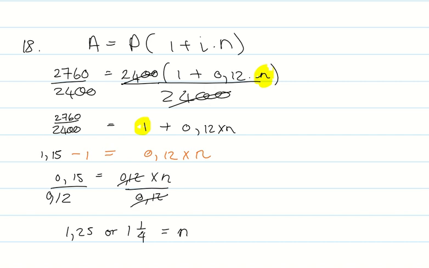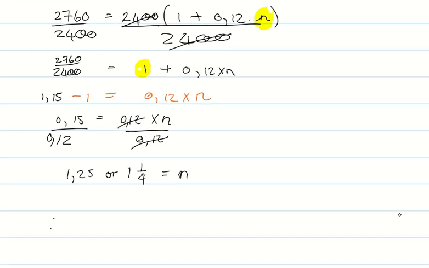Now what is n actually? n is the amount of years. So what does this basically mean? It will not take me 2 years, but it will take me 1 year and 3 months.